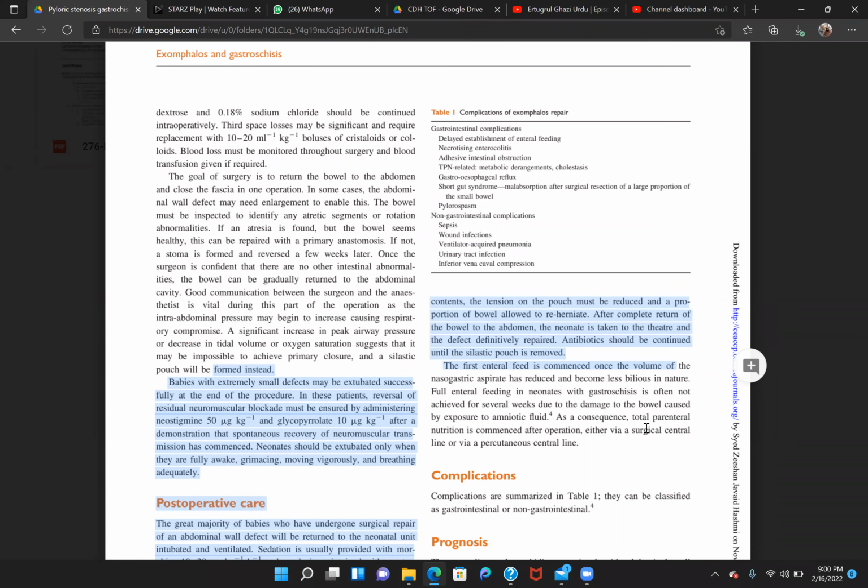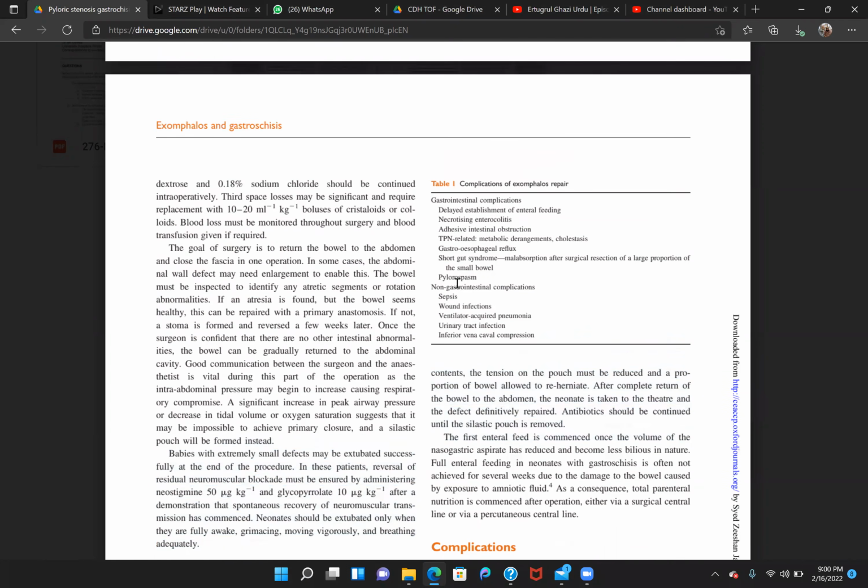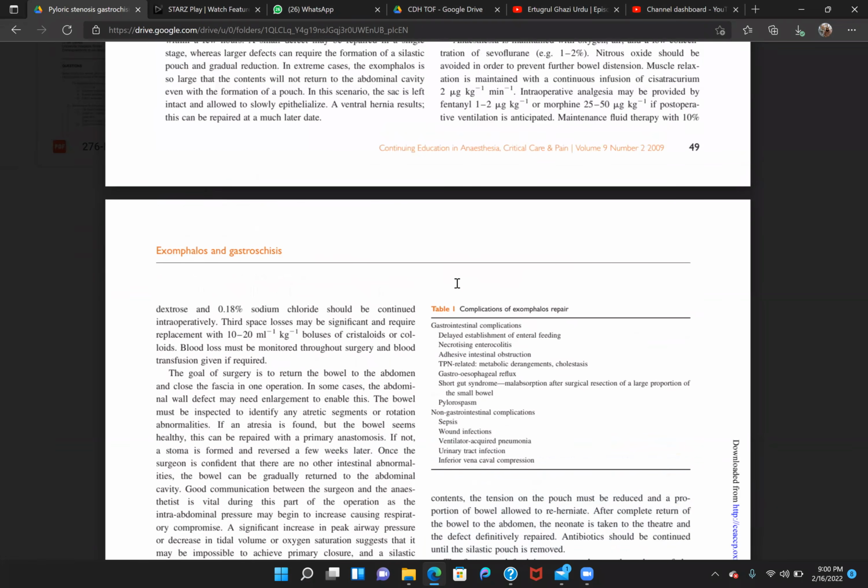Any question before we finish? Yes, Tayyab, should we advise echo for every Down syndrome patient? This is a question to Dr. Atiq. In what scenario would you like to have an echo?